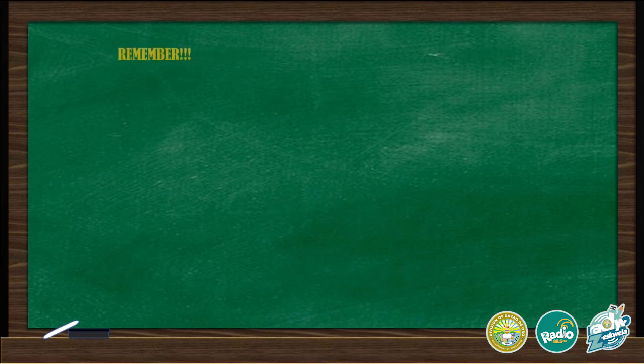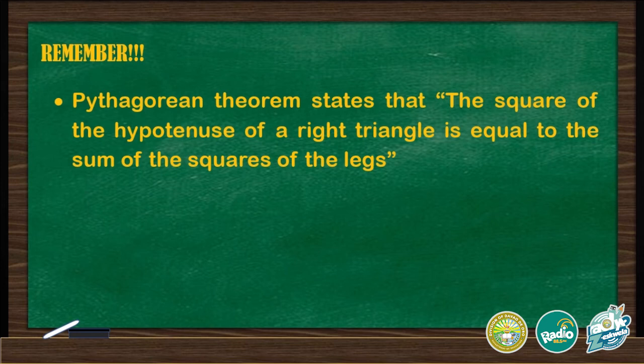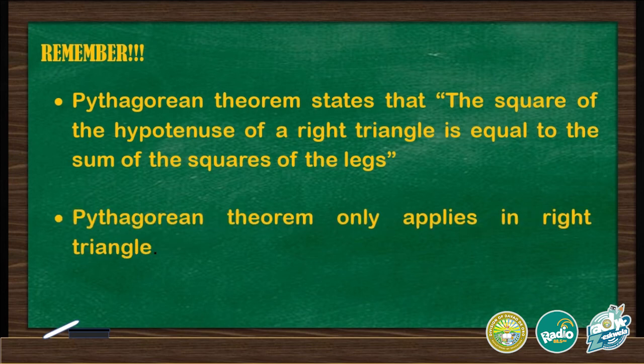Always remember the following. Pythagorean theorem states that the square of the hypotenuse of a right triangle is equal to the sum of the squares of the legs. Pythagorean theorem only applies in right triangle.